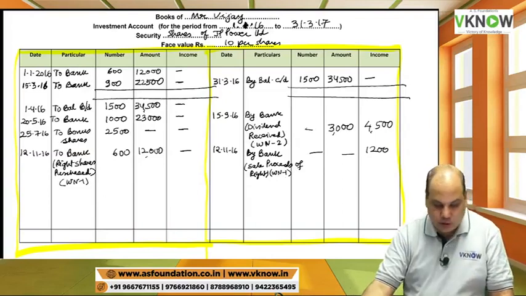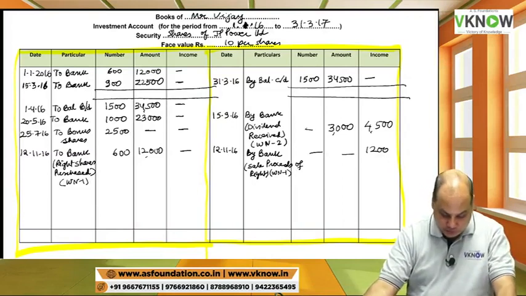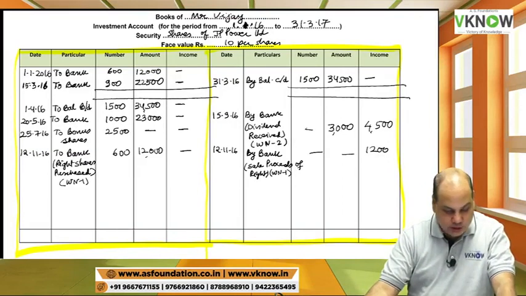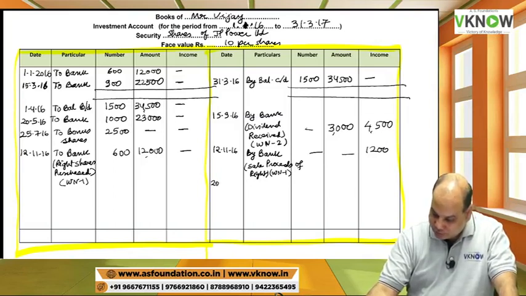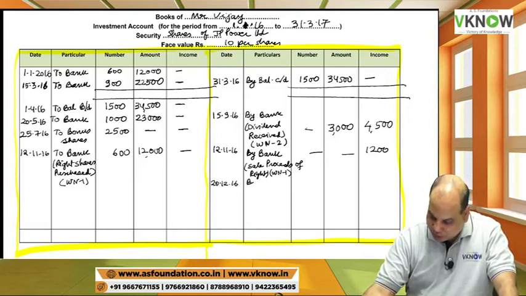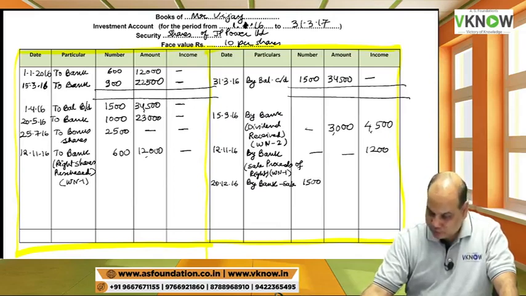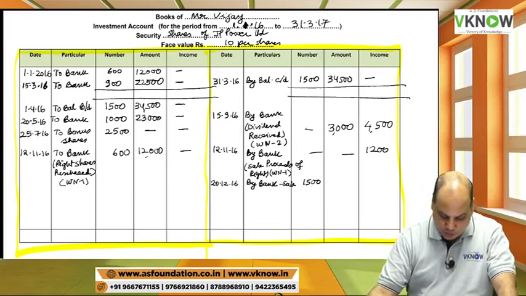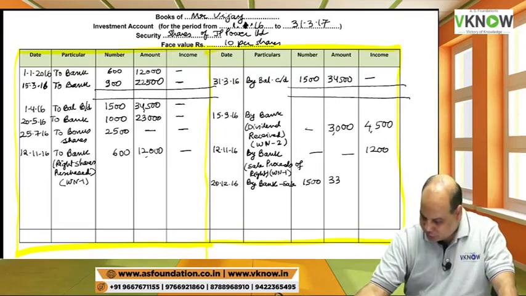Now we will write the entry for sale. There are two sale transactions. One is on 20th December 16, by bank, sale: 1500 units sold at 22 rupees, that is 33,000.